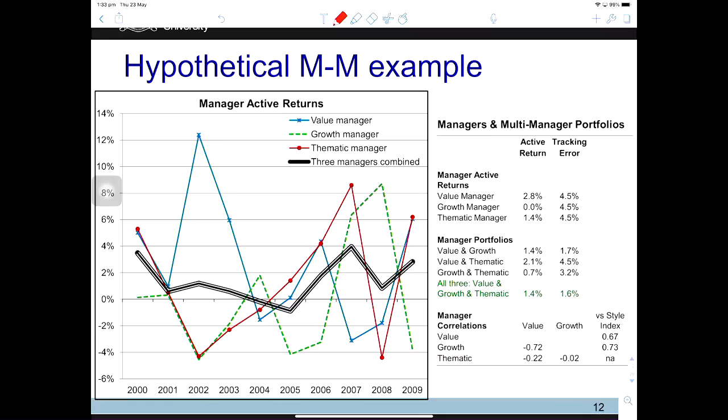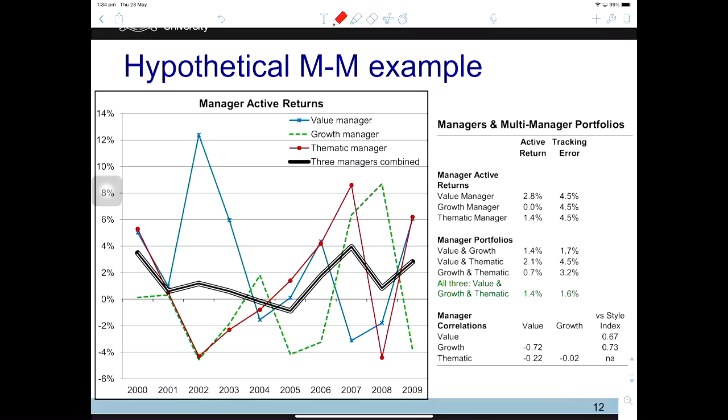Then we think about how much diversification benefit, or how the risk-return trade-off of the total portfolio, can be improved by allocating funds among a couple of managers.